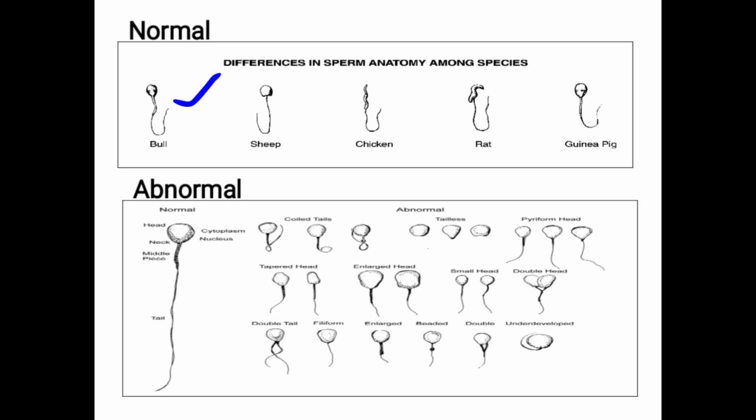Morphology of the bull sperm includes this, while this is the sheep, this is the sperm of chicken, this is the rat sperm, and guinea pig sperm. So this is the very normal anatomy of the sperm among species, while abnormality may include head abnormality or tail abnormality, or sometimes head and tail are detached from the neck. So these are the common abnormalities found in all types of animals.